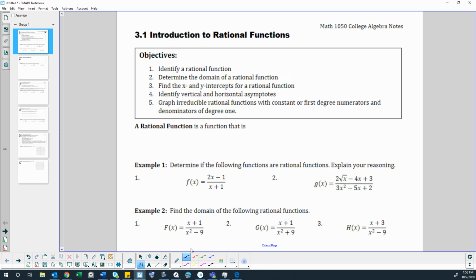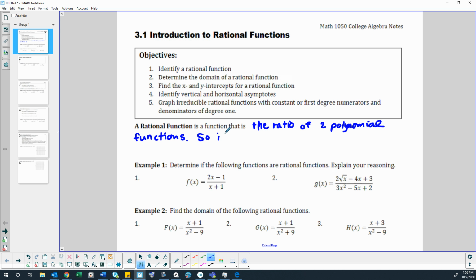Alright, here we go. A rational function is a function that is a ratio. Maybe I should just type instead of dealing with my handwriting. The ratio of two polynomial functions. Alright, so we would write that in the form of polynomial functions.